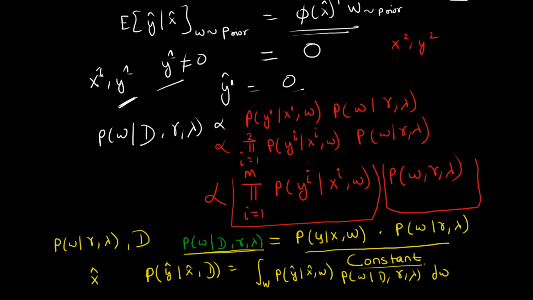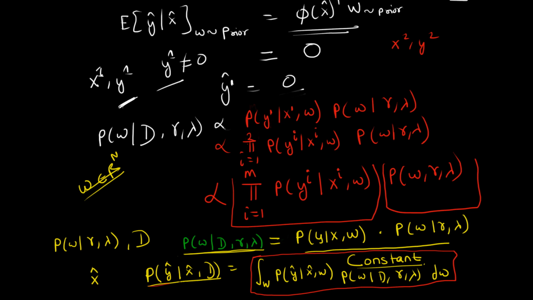So we use this posterior distribution to compute the conditional distribution of Y hat given a new input data point X hat, right? But there's a problem. Assuming that W is an n-dimensional real vector, this integral is very hard to compute. We can compute this integral perhaps when W is a scalar and only in some special cases. But when W is an n-dimensional real vector and these distributions are any general distribution, it's not easy to compute the conditional distribution of Y hat given X hat and the data.